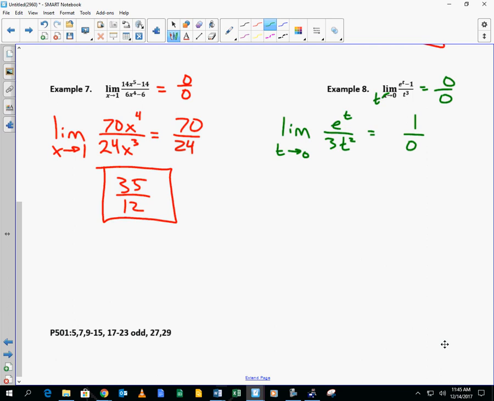Okay. This is where you have to be really careful, you guys. You have to recognize that 1 over 0, when you're doing a limit, could be does not exist. It could be negative infinity. It could be positive infinity. We don't really know.